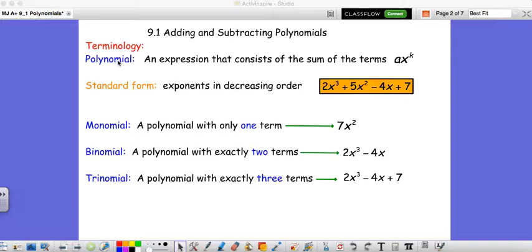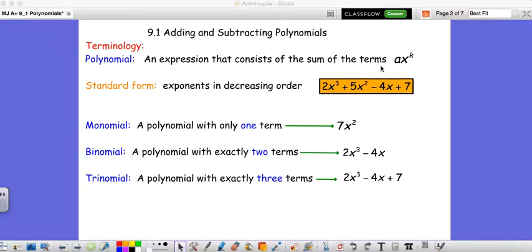So a polynomial is just an expression that consists of the sum of terms a times x to the kth power. It might seem a little confusing, but here's what a polynomial might look like: 2x to the third power plus 5x to the second power minus 4x plus 7. Each of these terms has a coefficient.